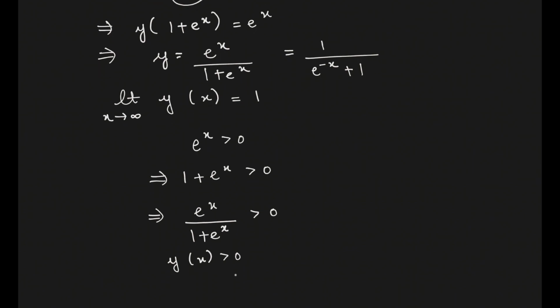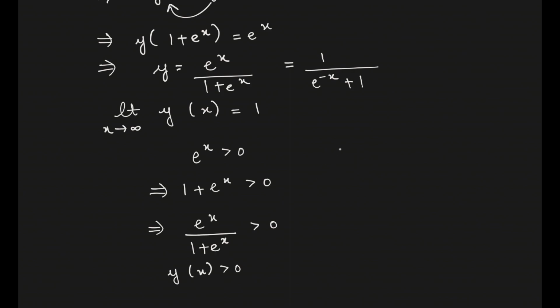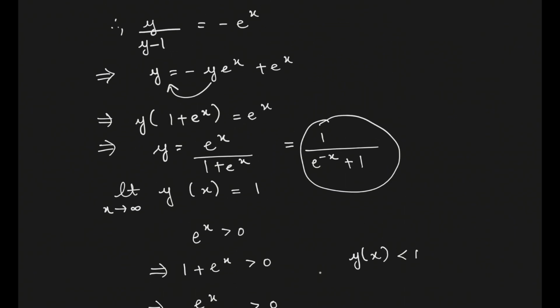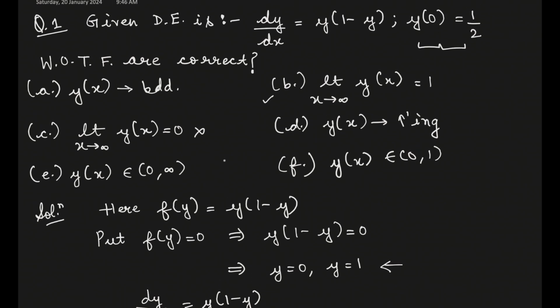And it will be less than 1. This quantity, e to the power x upon 1 plus e to the power x, is less than 1. Less than 1 also means y(x) belongs to open interval (0, 1). Clear till here? Yes, ma'am. So from here, option E is wrong and option F is correct.